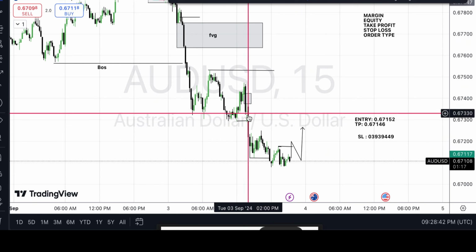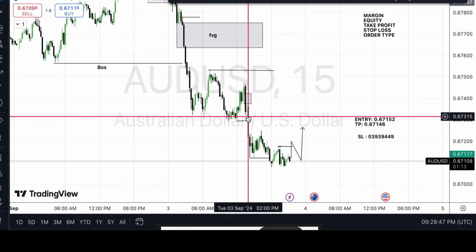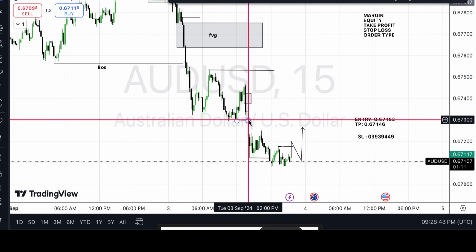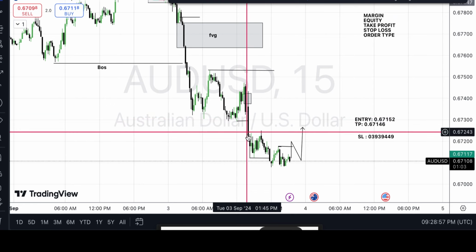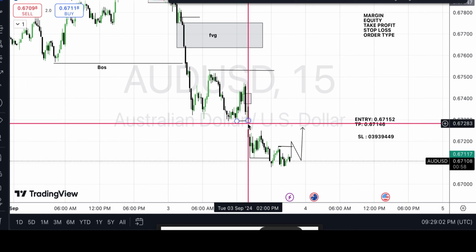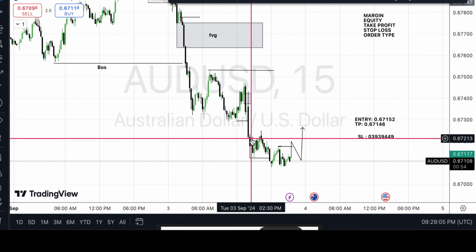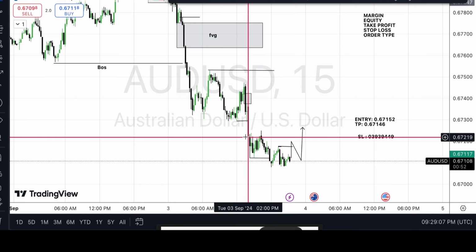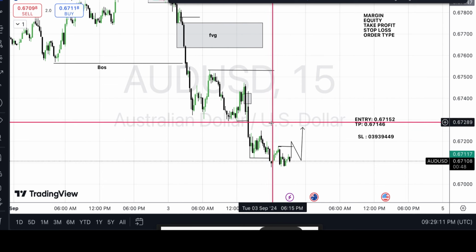So now price does this, and you sense that price might continue selling, then you set your sell stop here, and it continues selling. The same thing the other way around for the buy stop.